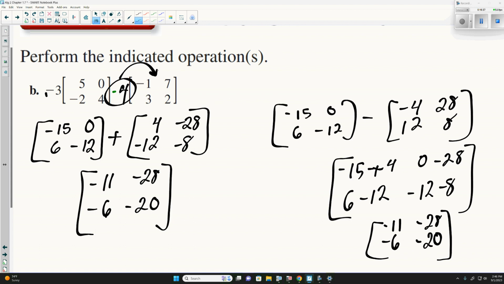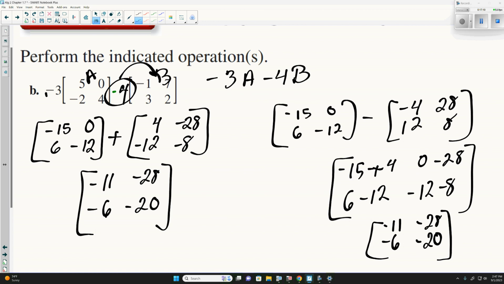Does that make sense? Now, we could leave the negative and just multiply by 4 and then subtract, and we'll get to the same spot. Does that make sense? Questions? Yeah. Or I could call this matrix A, this matrix B, and do negative 3A minus 4B, and let the calculator figure it out for me.